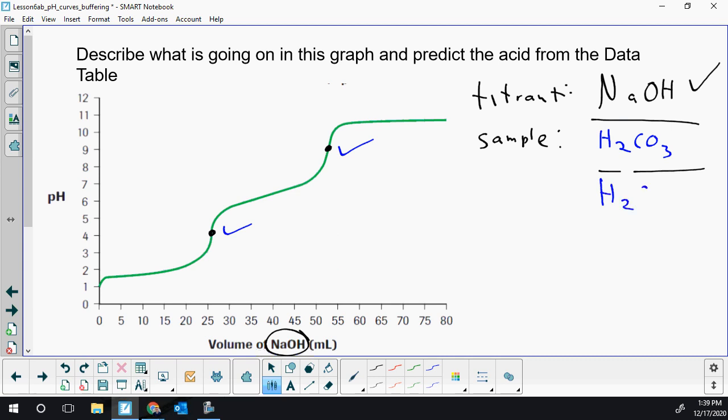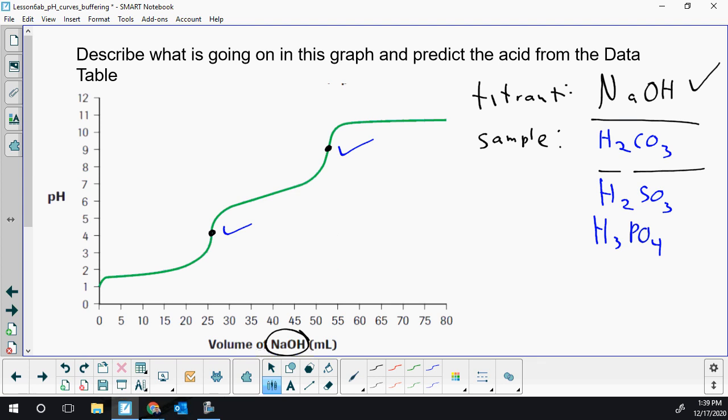H2SO3 is another answer. That one should work. Good, so we got several answers. That's a fair number of them. One more that does work is H3PO4. And that actually is the chemical that was dumped in.